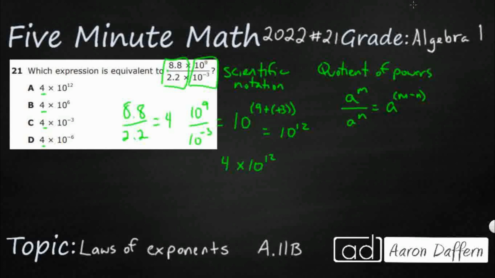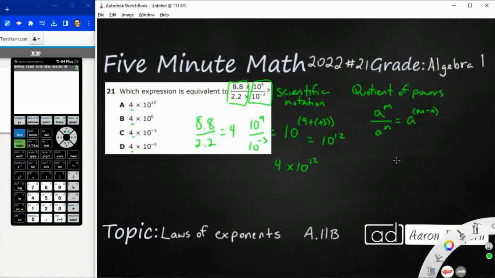Okay, let's get out our scientific calculators or graphing calculators, whatever you might have, and let's work it out that way to double check. So we could actually just type it in exactly like this without using our scientific notation button, right? So 8.8 times 10, and then we have to use that caret symbol to get 10 to the 9th.